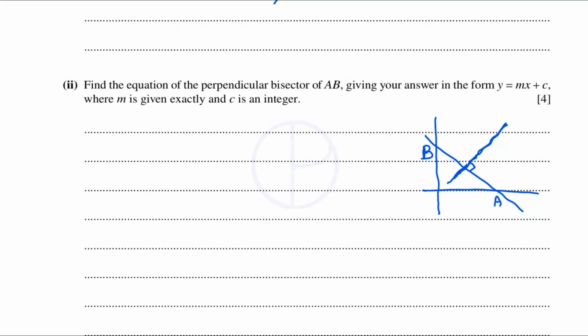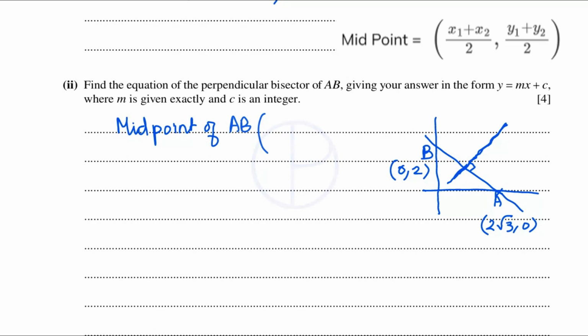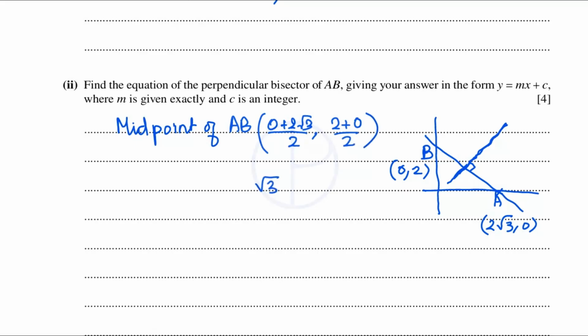So let's first find the midpoint of AB. B is 0, 2 and A is 2 square root of 3, 0. Midpoint is 0 plus 2 square root of 3 divided by 2, 2 plus 0 divided by 2. So square root of 3, 1 is the midpoint.